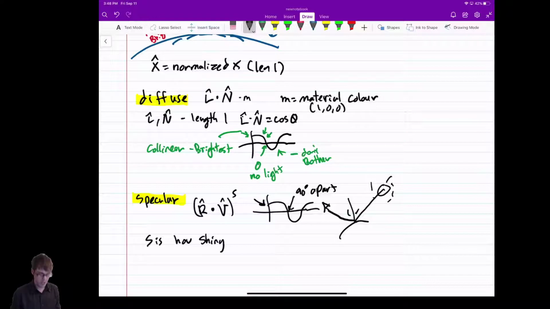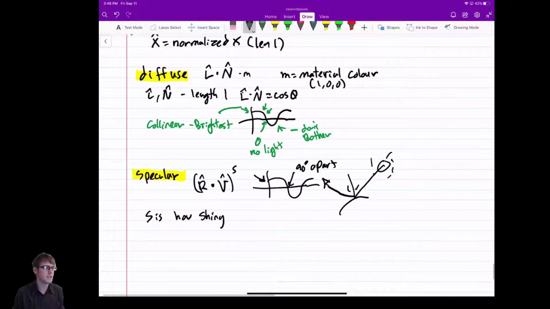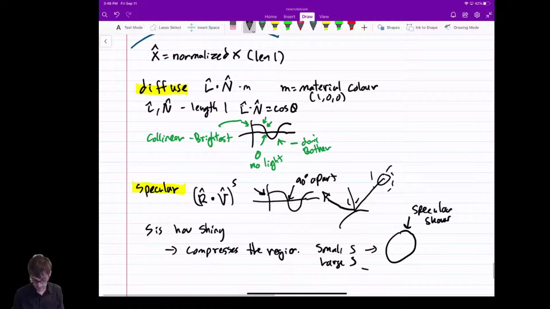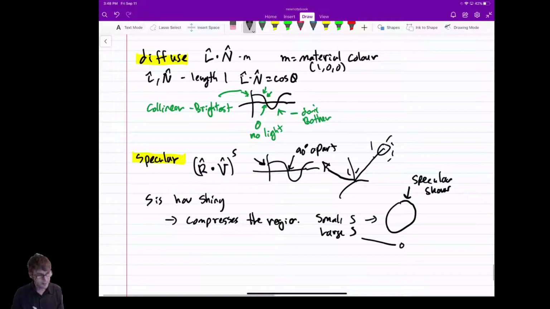There we go. And the intuition here is, the exponent compresses the region. So small s, no compression. We have a big region where the specular shows. If we have a large s, then we have a smaller region. So as s gets bigger, that shrinks.